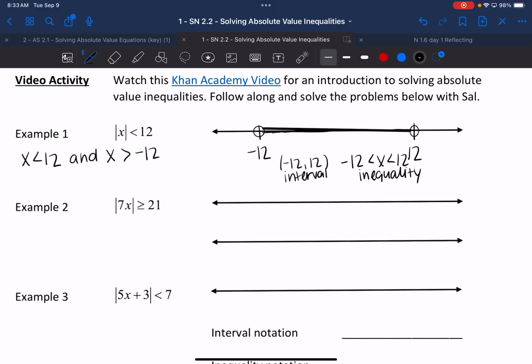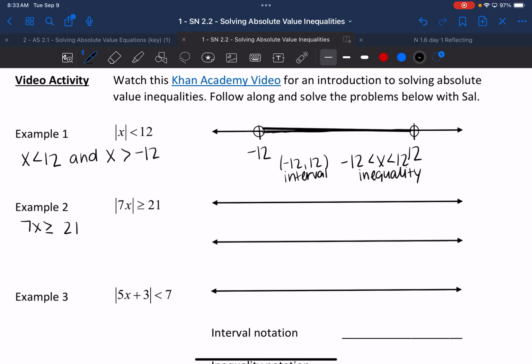Okay, let's do another example. So for example 2, my first inequality, I keep everything exactly as is, right? So I'm going to have 7x is greater than or equal to 21.